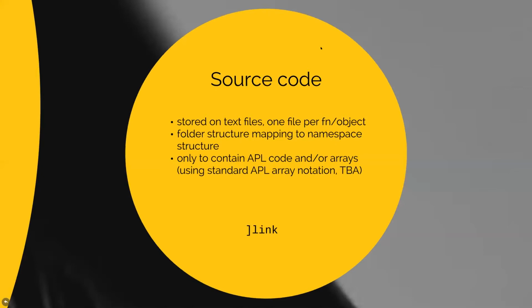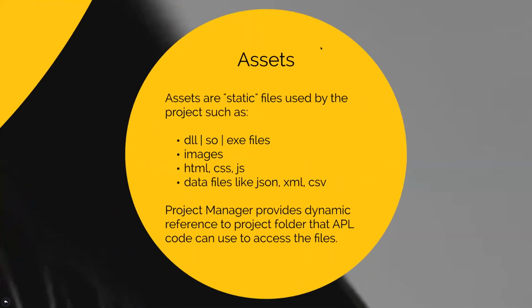Any other files, DLLs, pictures, HTML, CSS, anything that is consumed, like Adam said, if I use a template, a JavaScript file that I'm including when I dynamically build a web page, would go in the assets folder, and it would be read from there by the APL code.